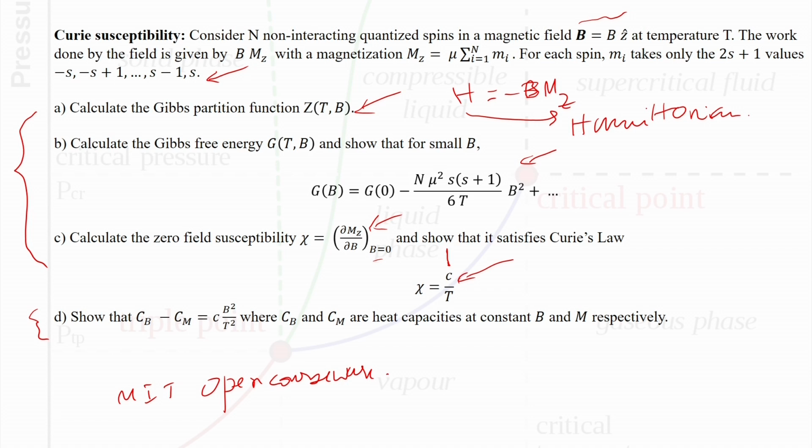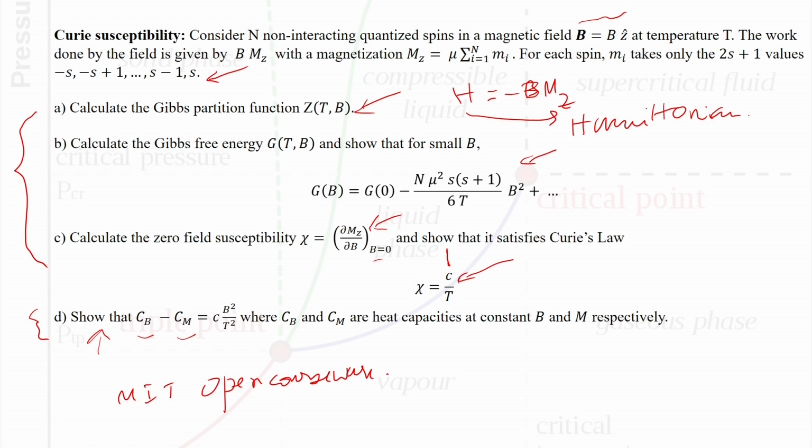All right, so the interesting part of this question is: show that the specific heats when you hold the magnetic field fixed or when you hold the magnetization fixed are different.